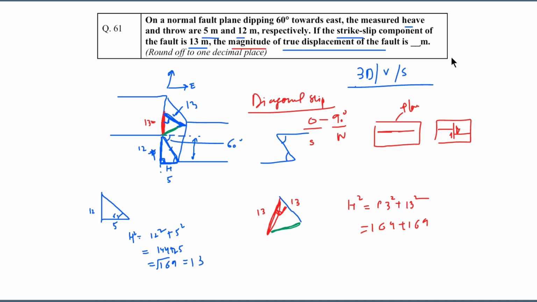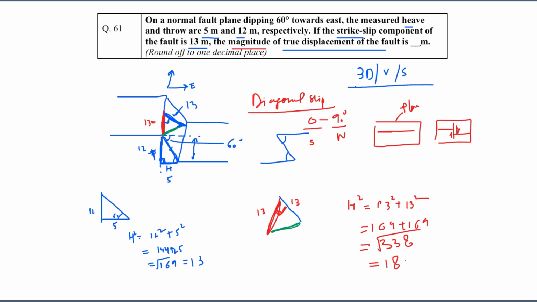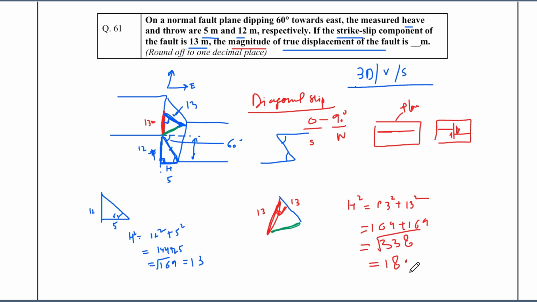The square root of 338 is 18.38 meter. This is our answer.